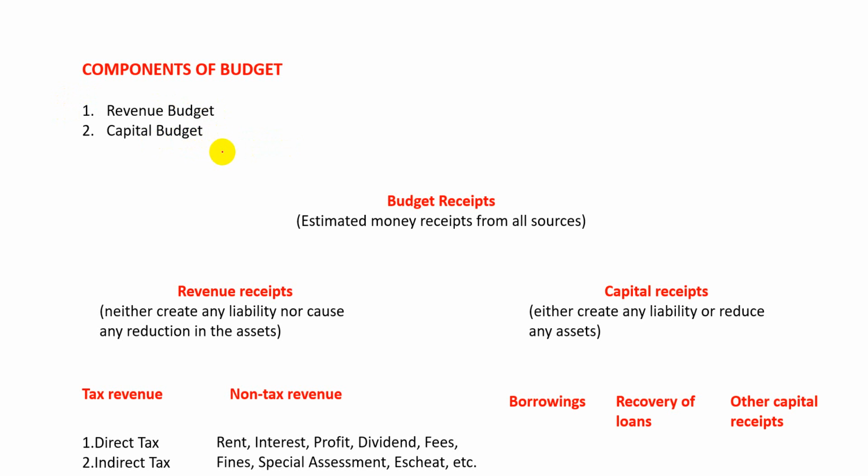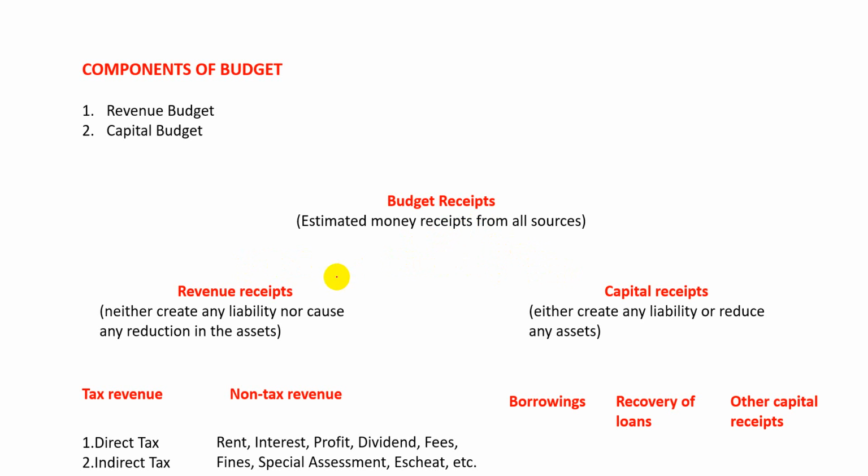What is revenue budget? Revenue budget is the estimated money receipts from all sources of the government. Components of revenue budget are revenue receipts and capital receipts.